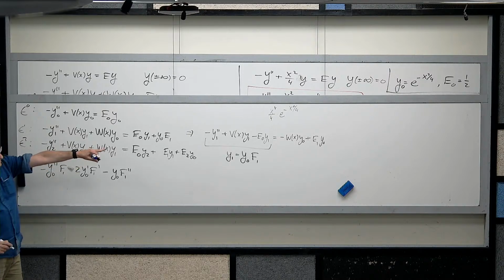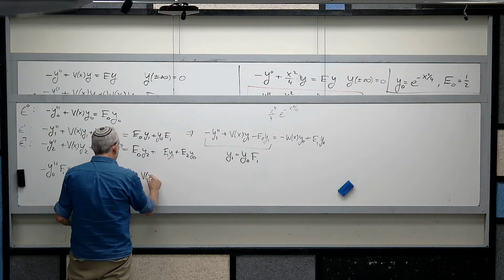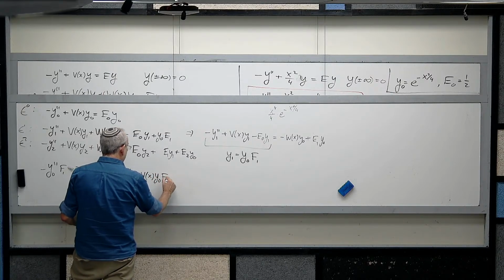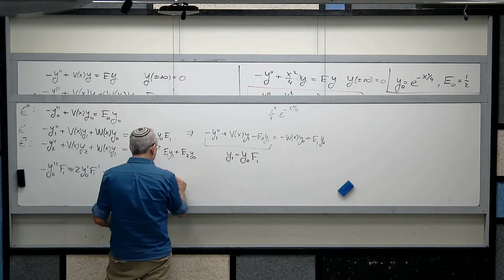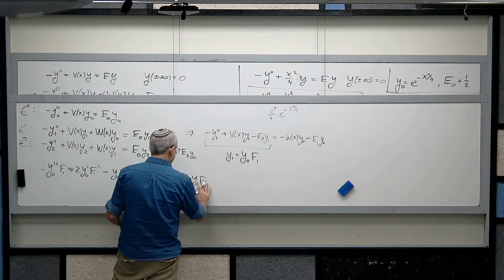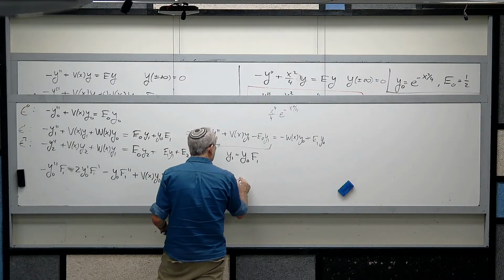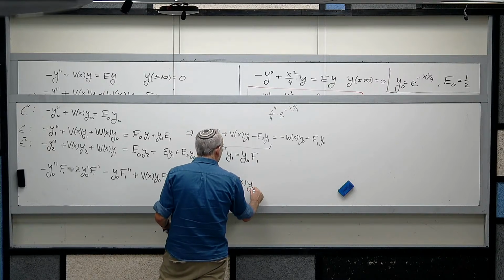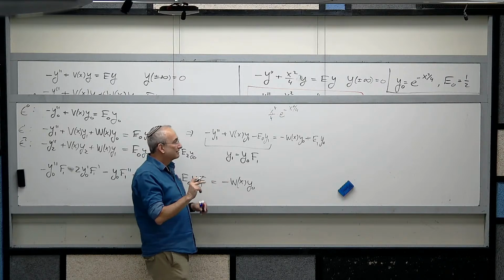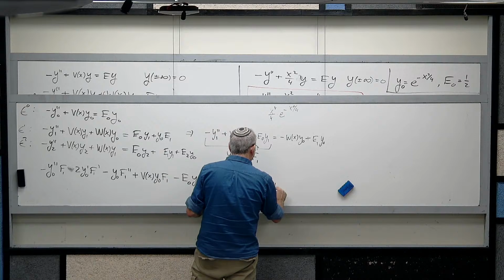You agree? This is the first term. And now we have plus v of x times y naught times f1, minus e naught y naught f1, is equal to minus w of x y naught f1 plus e1 times y naught.